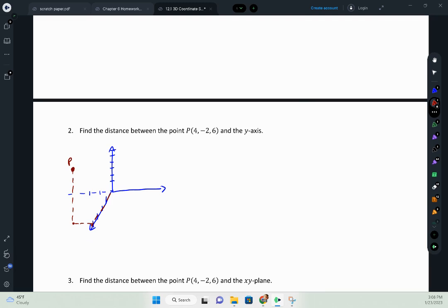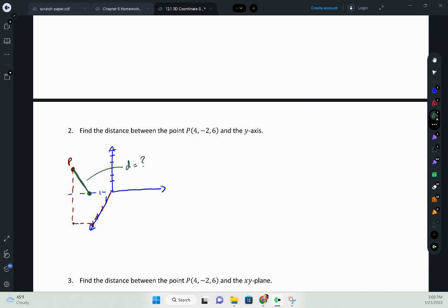Okay. Now, if we're trying to find the distance between the point P and the y-axis, the closest point on the y-axis to our point is the point where y is equal to -2. It's over here, right on the axis. So we're trying to find this distance right here.